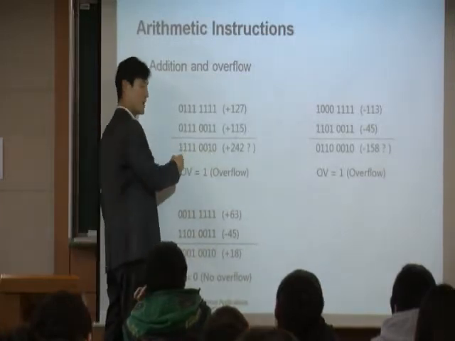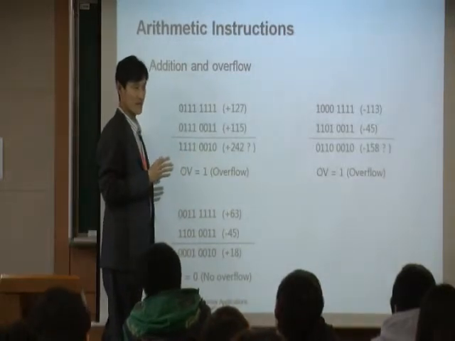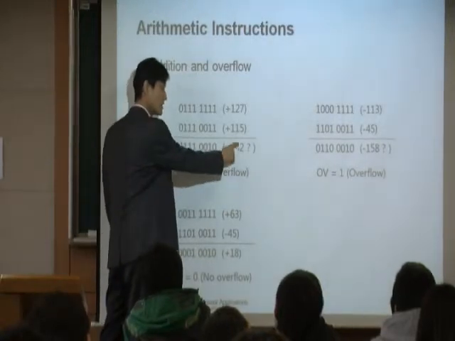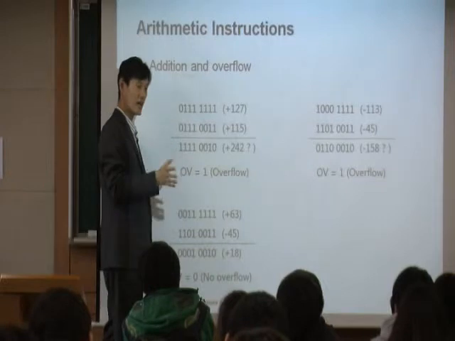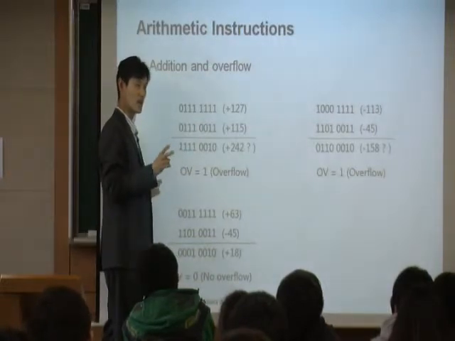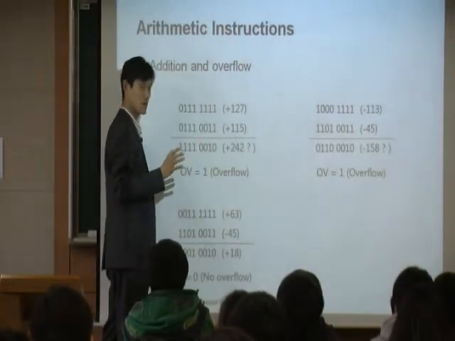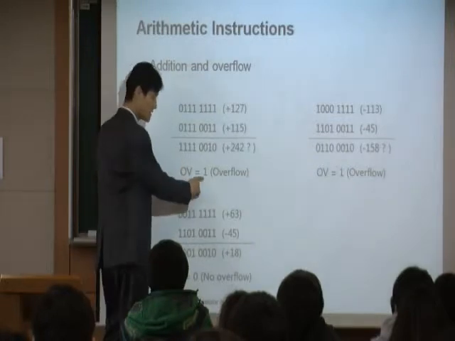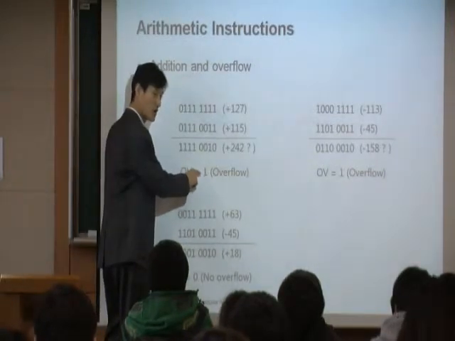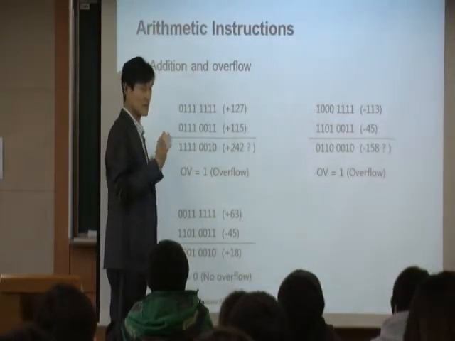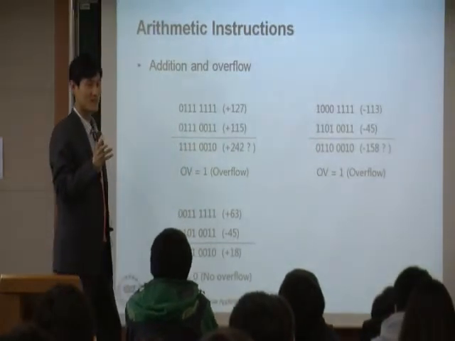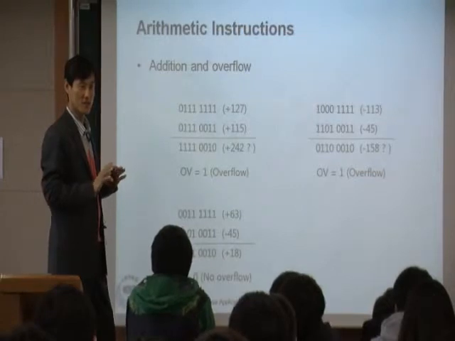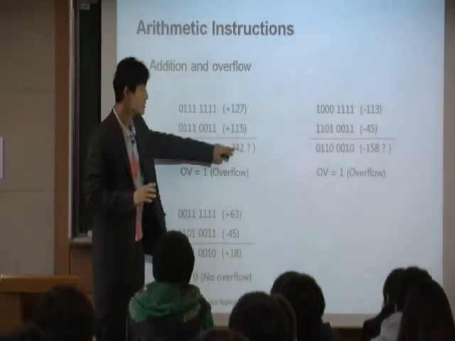If you read this value as unsigned, then this value is 242. But if you read this one as signed, using 2's complement, then this is a negative value. And this condition, overflow becoming 1, basically gives you a hint. If you read this one as signed, then please be careful, because this value is not this one.